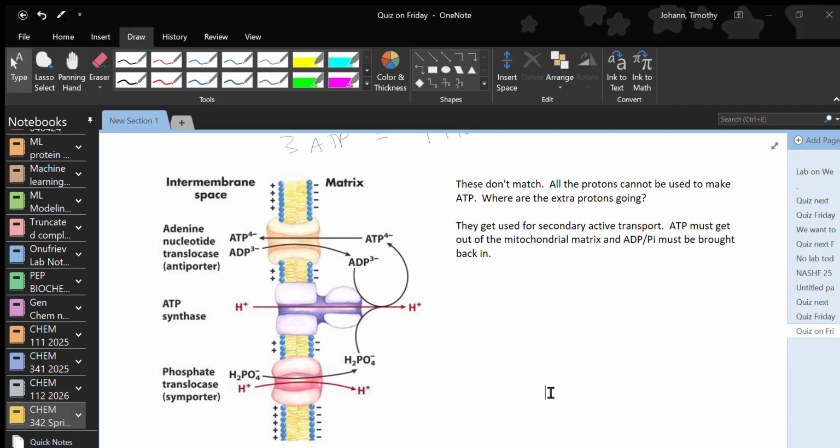But we've got lots of positive charges out here, right? So what's going on for our net charge here for our ADP thing? That antiport. Neutral. Not neutral. We're sending out 4 negatives for every 3 negatives we bring in, and it's more positive outside. You see we're going down an electrical gradient there?